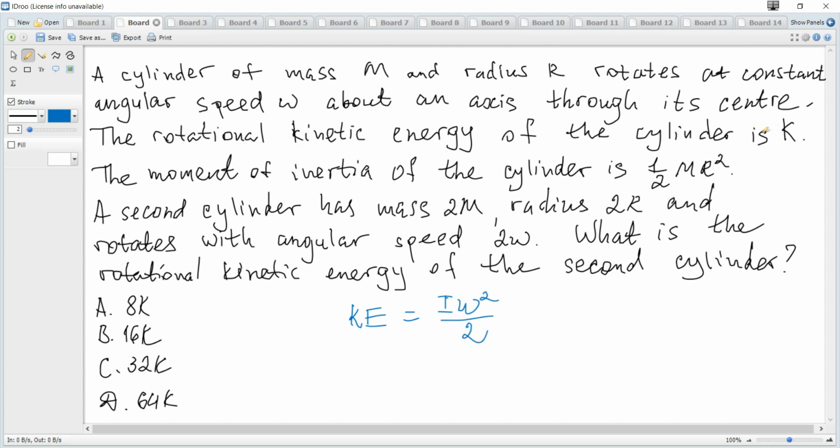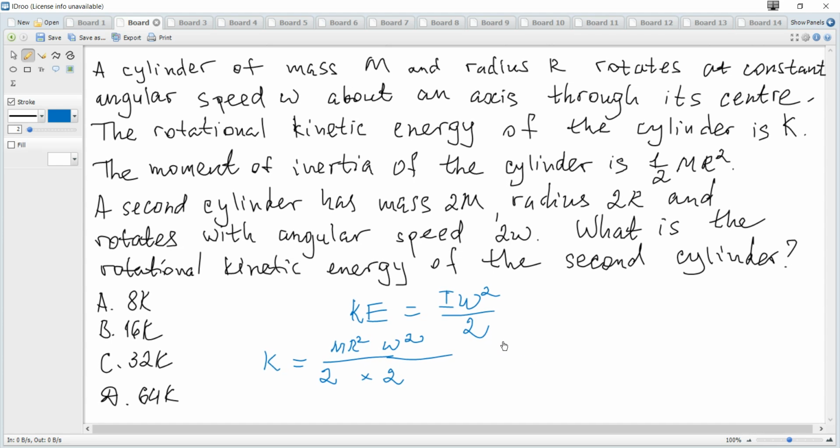For the first cylinder, the kinetic energy is K, and the moment of inertia is a half mr squared, times omega squared, divided by 2.